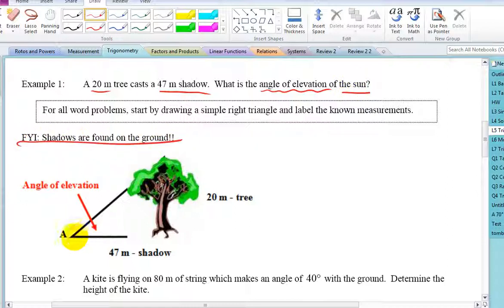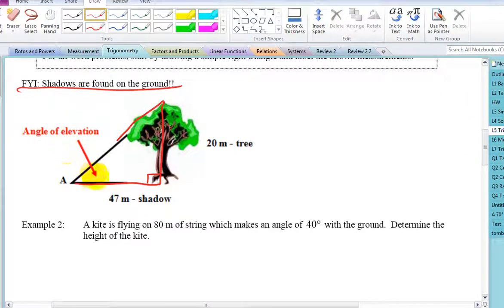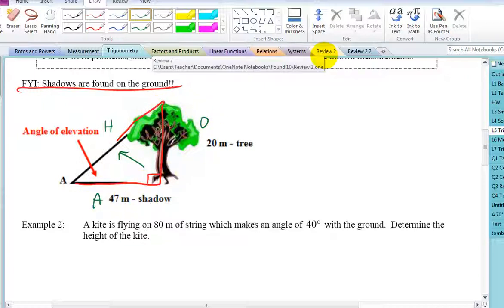So the dimension for the shadow must always go on the ground, not in the air, on the ground. So basically we have a diagram with a simple triangle in it, and we want to find the angle of elevation right here. So label your H, O, and A. Which trig ratio should we use?